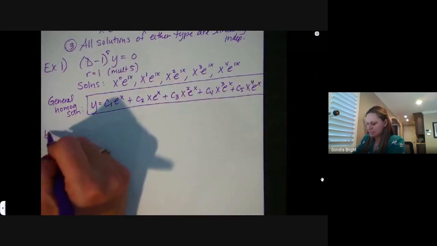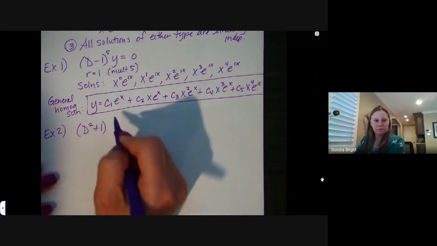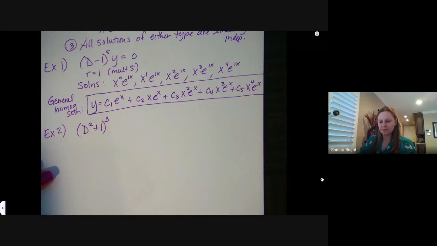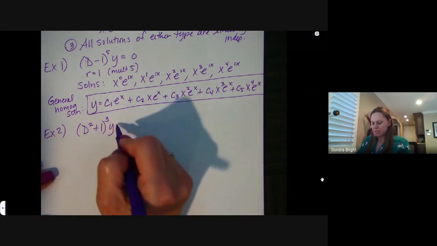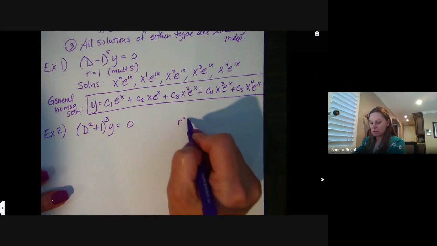How about D squared plus 1, all to the 3rd power, operating on y is equal to 0. All right, so what would our auxiliary equation be? It would be r squared plus 1 cubed. That's what we want to solve for.